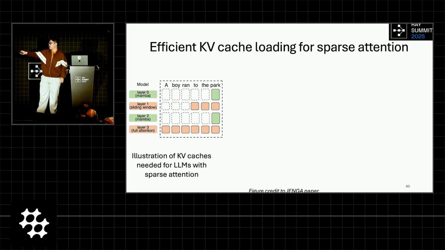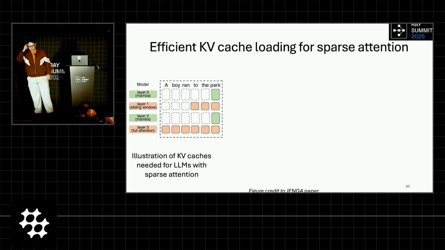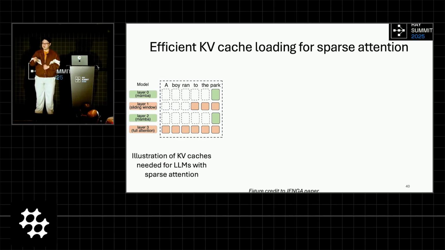For example, let's take a look at this model where the top layer and the third layer are using Mamba. For Mamba, you only need the KV cache for the last token. And the second layer is using sliding window. For a sliding window layer, you only require the KV cache inside the sliding window. So there's a lot of KV cache that does not need to be loaded.